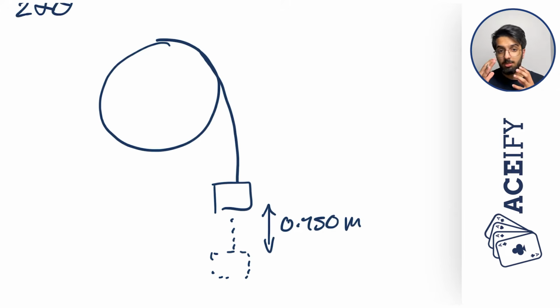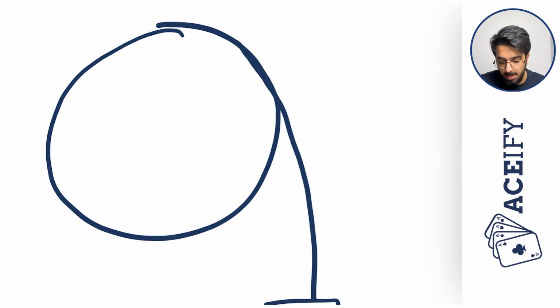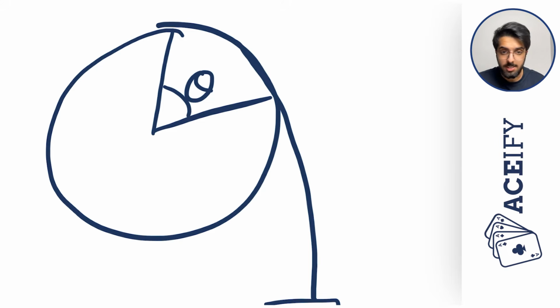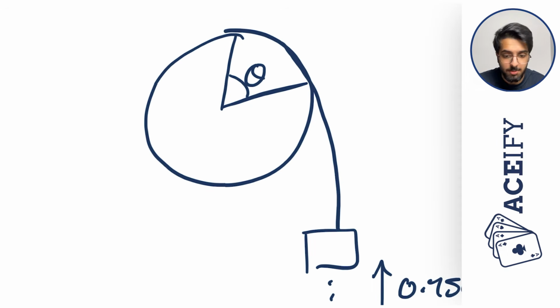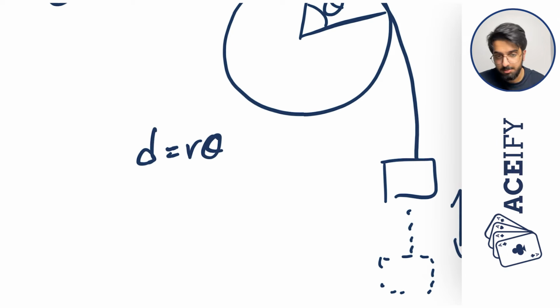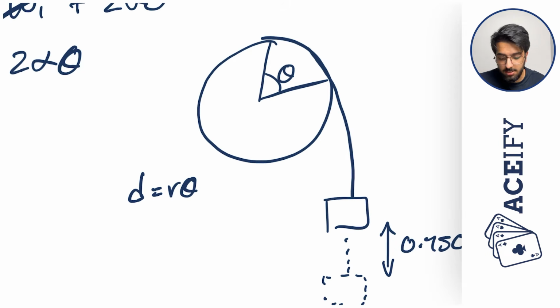It's going to rotate through a certain angle, so that angle might be like this much, theta, right? And so what is that angle? Luckily we have an equation for that: our distance is equal to r theta, right? So basically what this equation tells us is the angle that the flywheel has rotated given a certain distance that it's being pulled downwards by the cup.